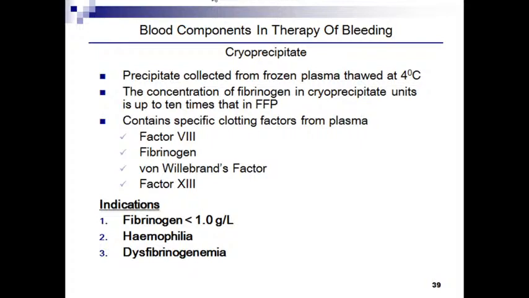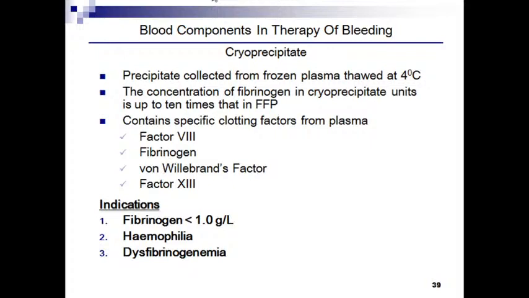And the last blood component, effective for hemostasis, is cryoprecipitate. Cryoprecipitate is a precipitate collected from frozen plasma at 4 degrees Celsius. The concentration of fibrinogen in cryoprecipitate units is up to 10 times higher than in fresh frozen plasma.